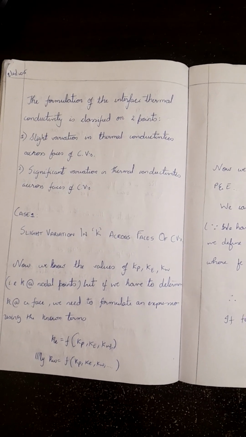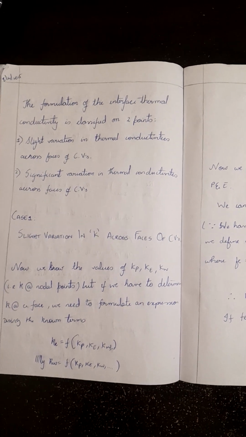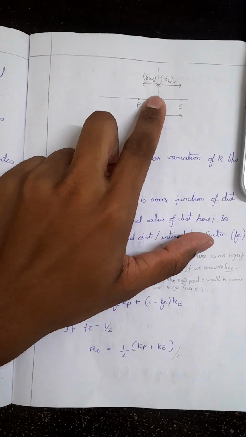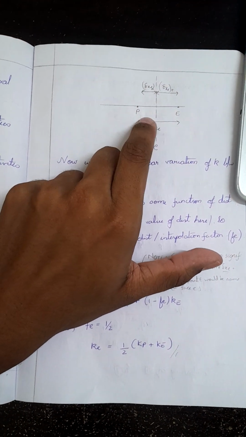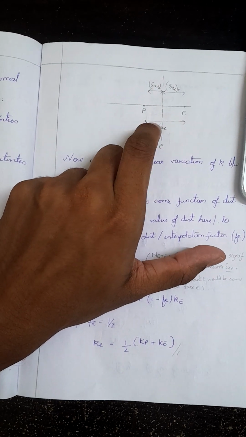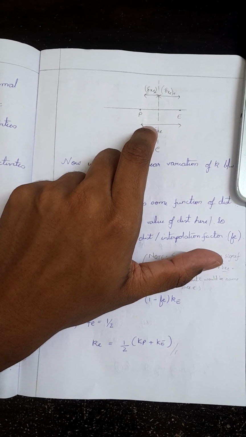In the first case, we consider there's a slight variation of thermal conductivity between the grid points. The thermal conductivity at this face is what we have to determine based upon the thermal conductivities given at these two grid points. If the thermal conductivities at these two grid points are pretty close, then we go ahead with this approach.